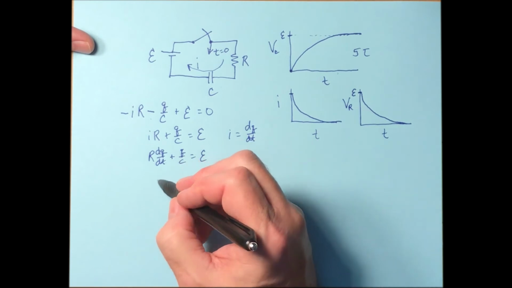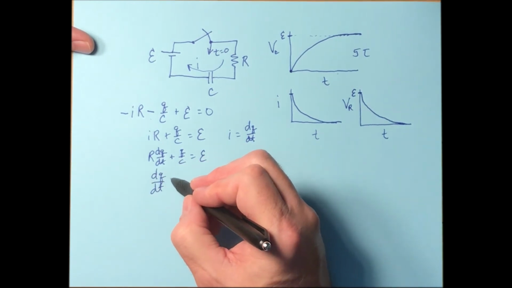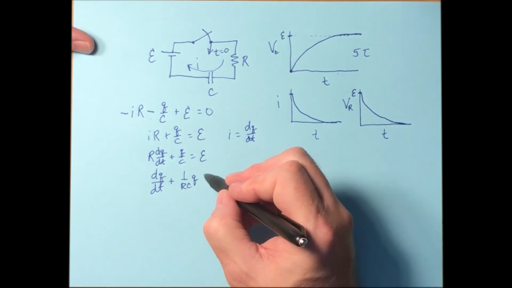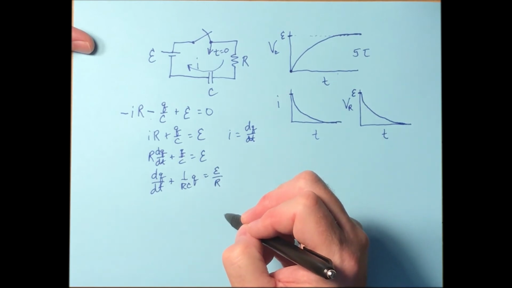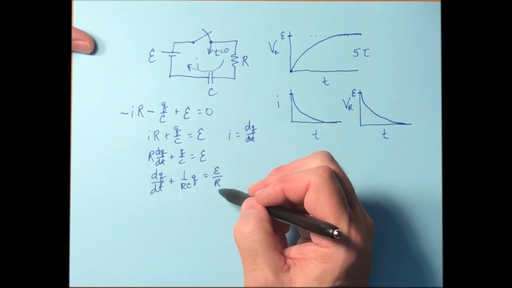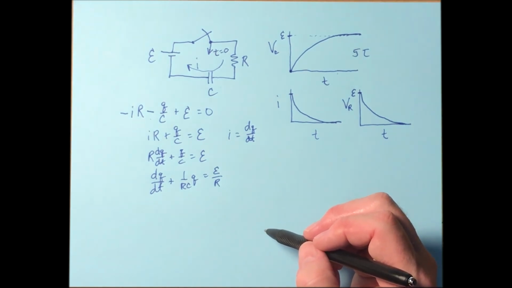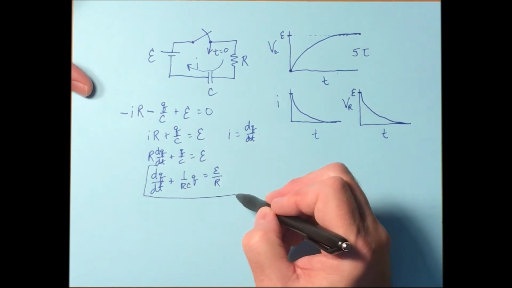Let's write it in standard form. dQ/dt plus 1 over RC times Q is equal to E over R. Okay, what is E over R? E over R is I.